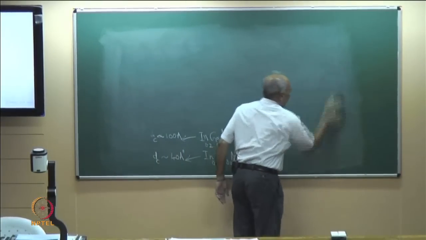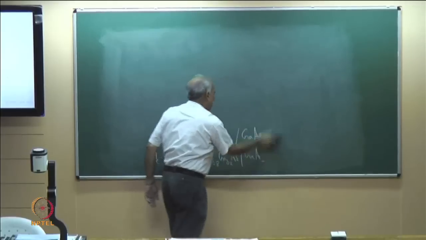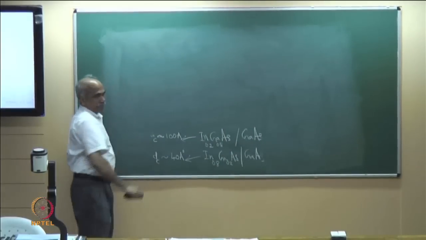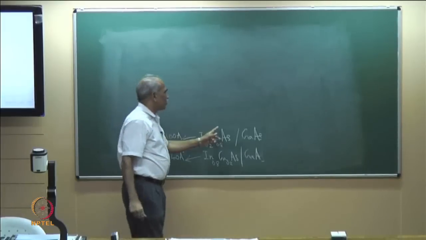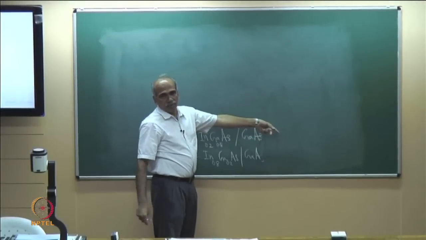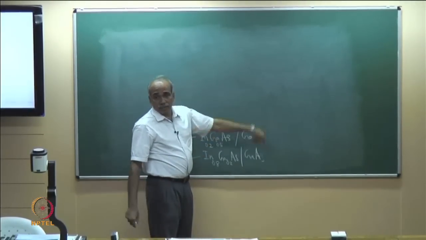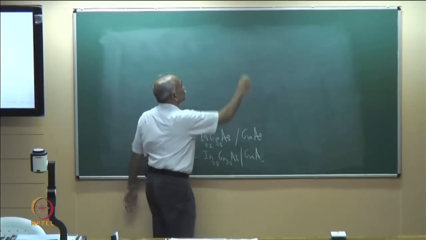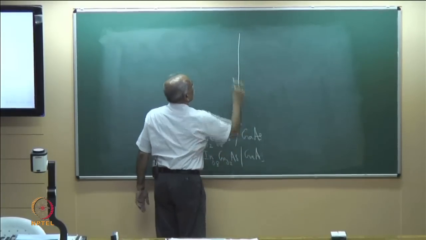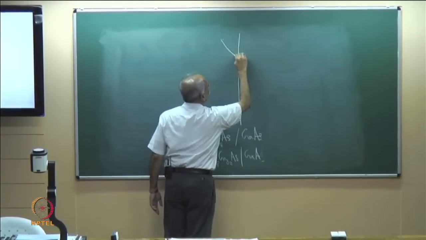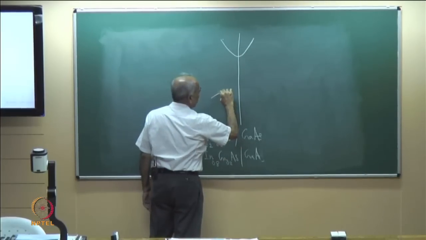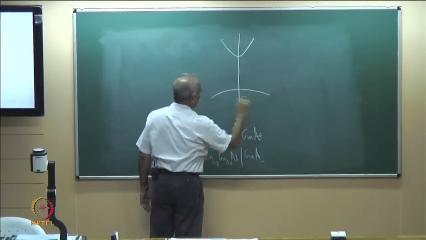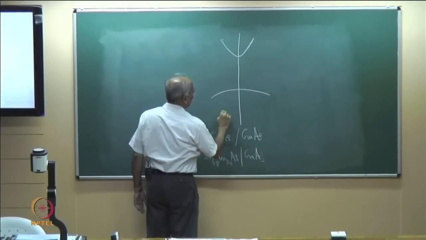The valence band in a semiconductor is more complicated. It is not simple. We have always been drawing a simple EK diagram in the valence band. The valence band is actually more complicated. It comprises a light hole band, a heavy hole band, and a split off band.